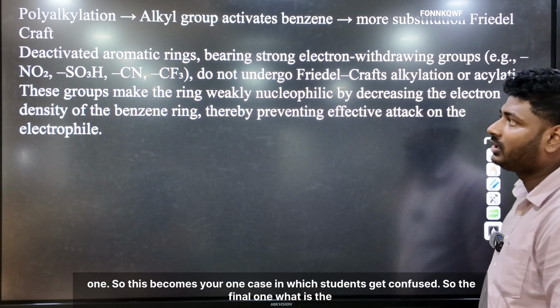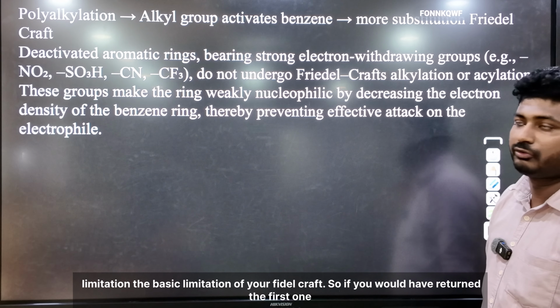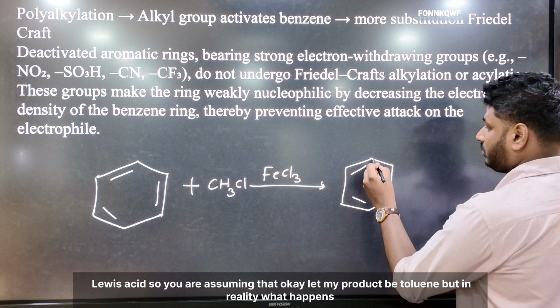So the final one, what is the basic limitation of your Friedel Craft? The first one is something called polyalkylation, which means assume I have a benzene and you thought, okay, if I do my CH3Cl in presence of my Lewis acid, let my product be toluene.